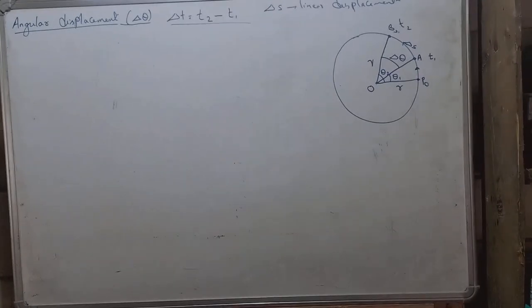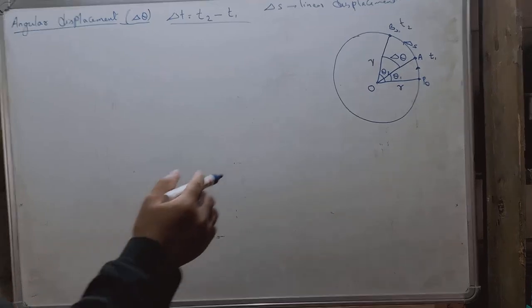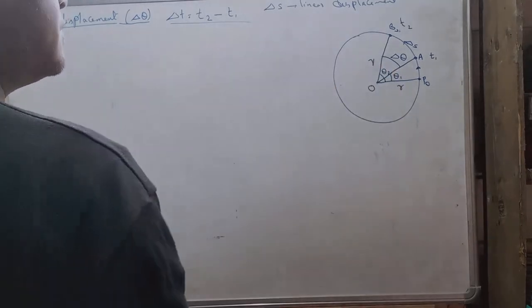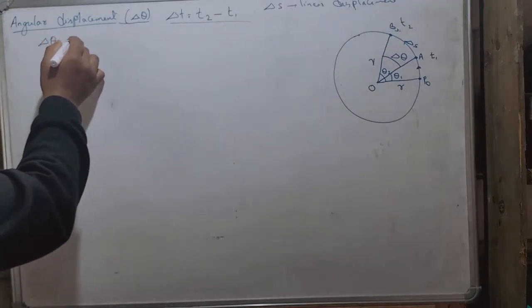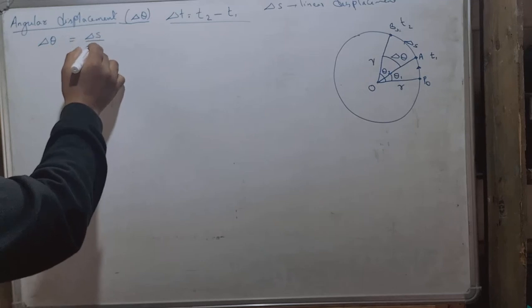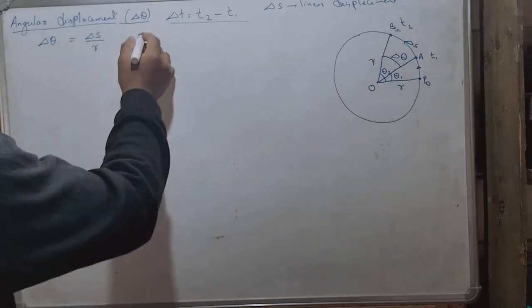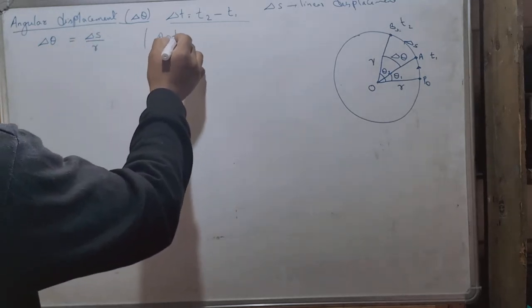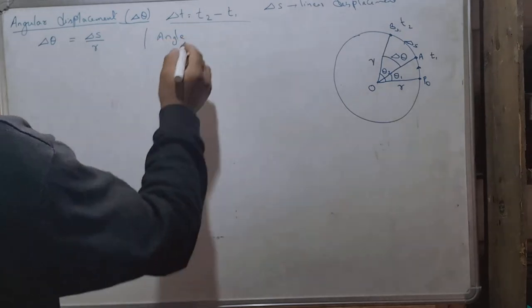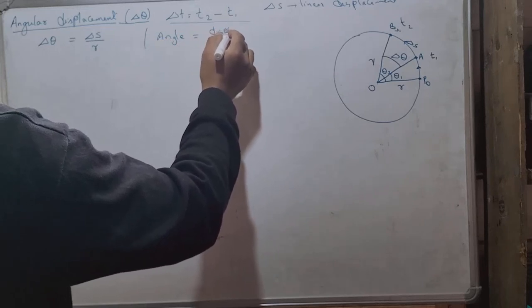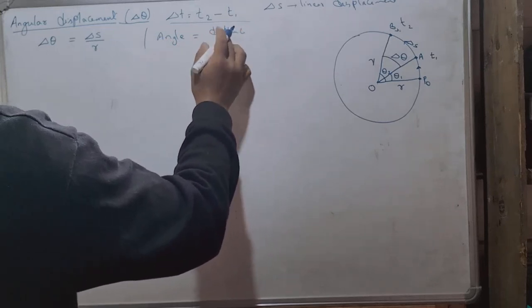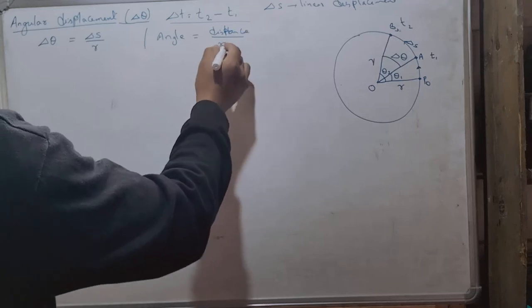Now, if the radius is r, because it makes an angle delta theta during this time interval, then delta theta equals delta s upon r. How? Because we know the relation that angle covered is equal to displacement, or distance, upon the radius.